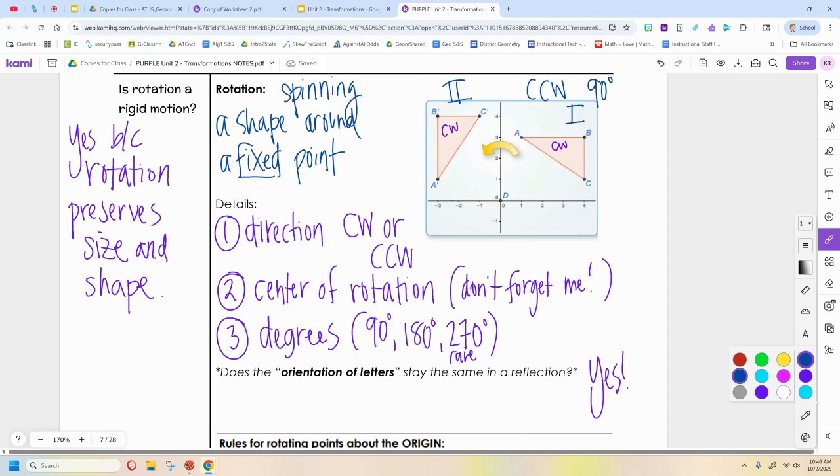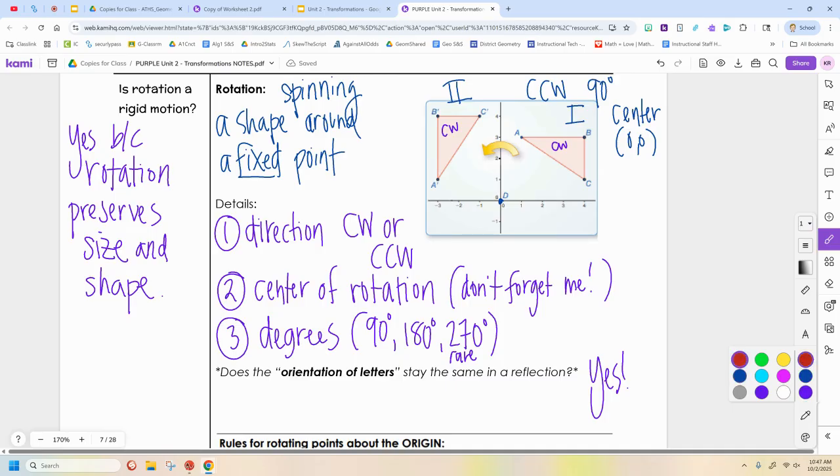Here is the point D, right? It's centered at the origin. That's 0, 0. It looks like an owl, but it's really 0, 0, the origin. But this is what I want you to see.